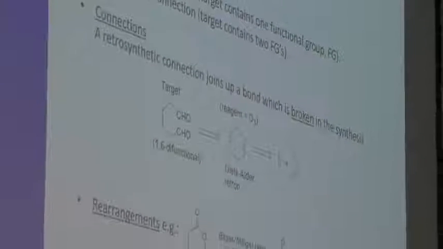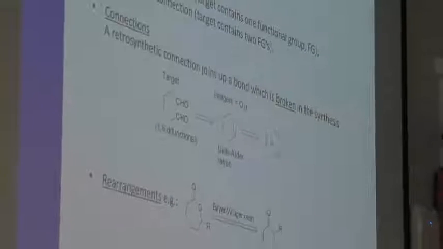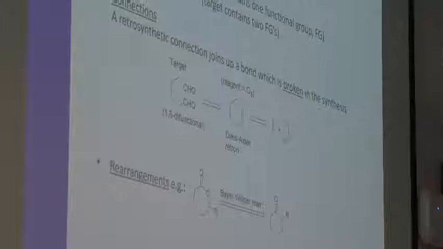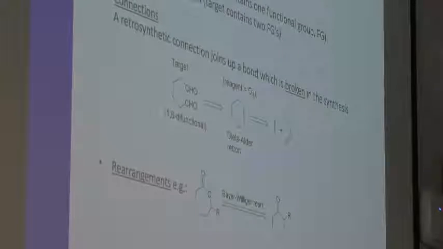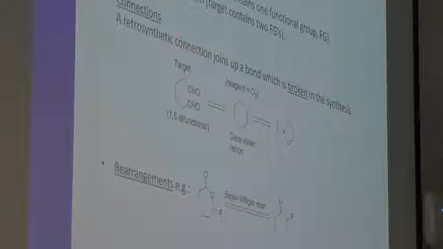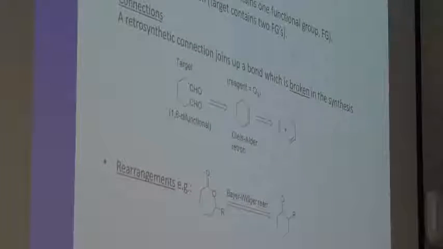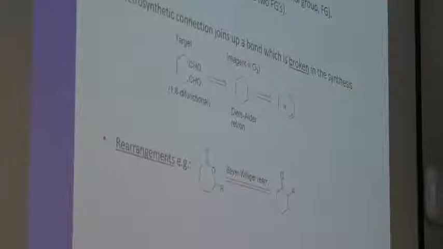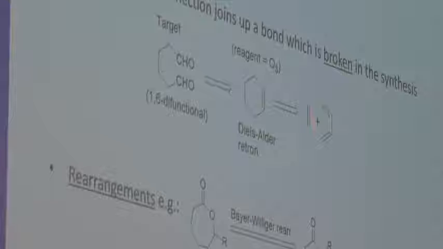Here you see an example of a connection. A retrosynthetic connection joins up a bond which is broken in the synthesis. And here the target is a 1,6-difunctional compound. You can get that from this Diels-Alder retron, which you again can get from these reagents.